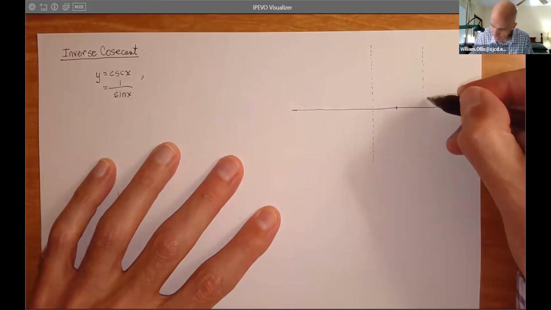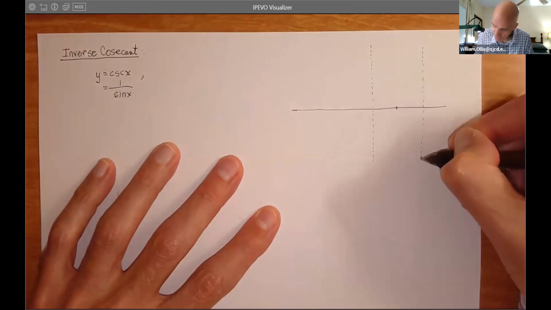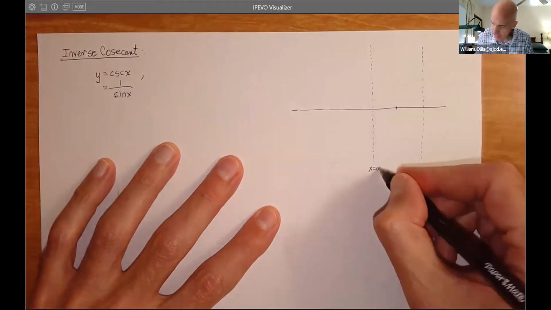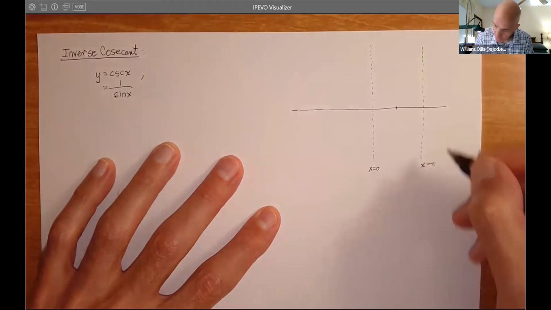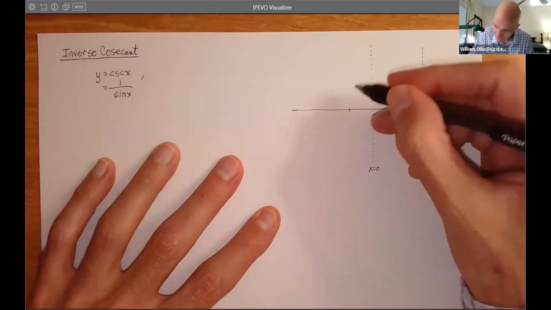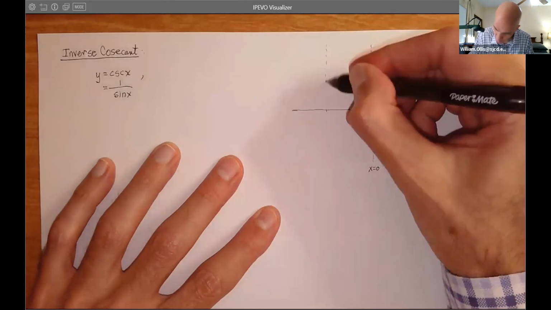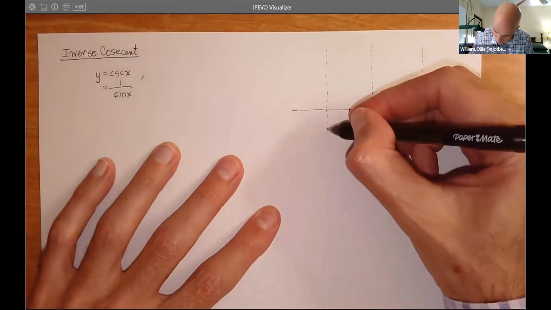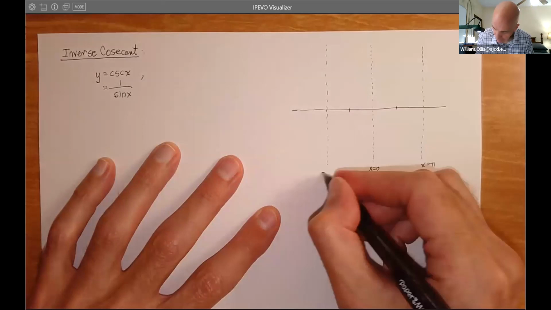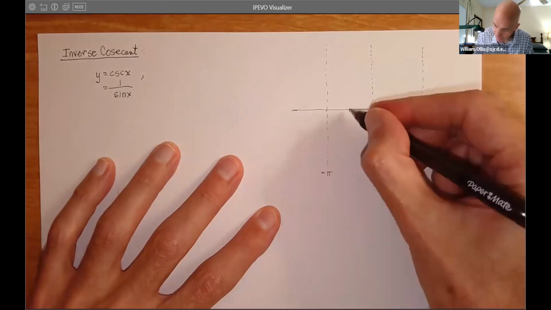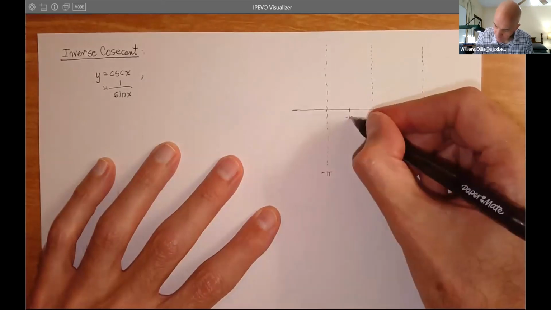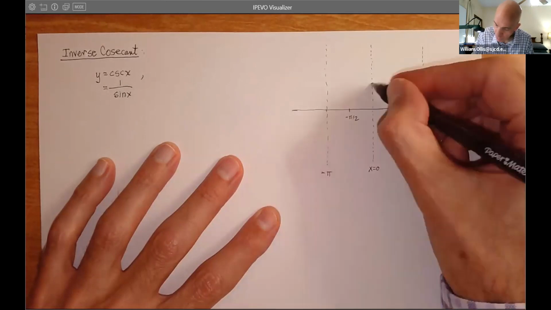So this is the x equals 0, the y-axis, and x equal pi. And then we can go over here to negative pi, just replicate. And of course, negative pi over 2. And we can mark off the 1 and the negative 1.